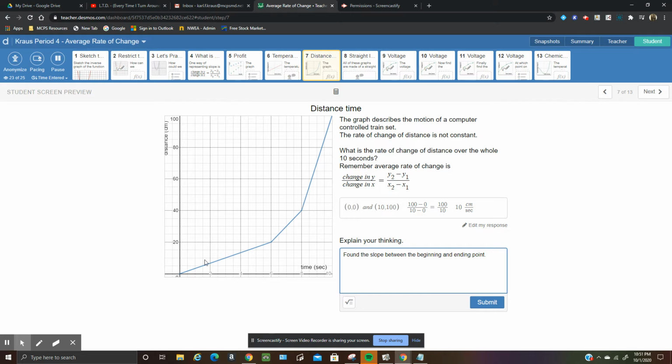So if we were describing what's happening with the train here, it starts out at a certain speed, then gets faster. So for the first 6 seconds, it's changing at a constant rate. Then it goes faster at a constant rate between 6 and 8, and then between 8 and 10 it goes faster still.